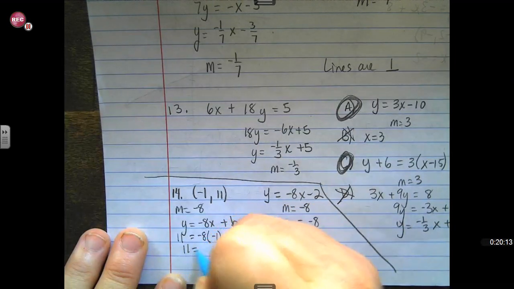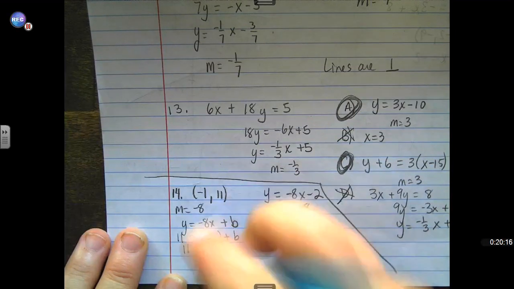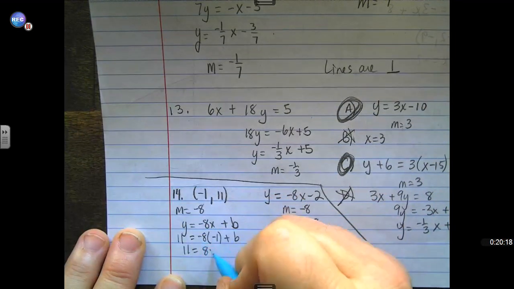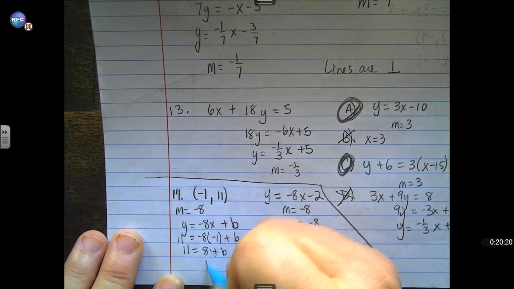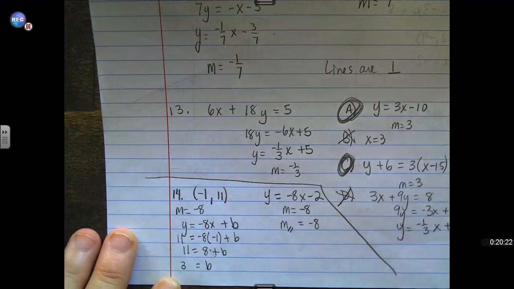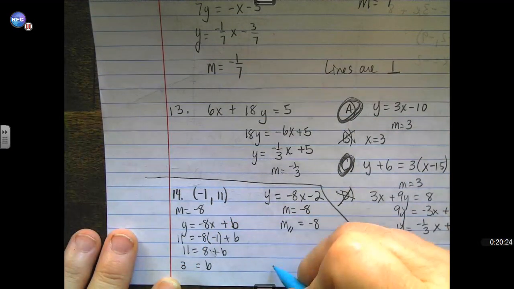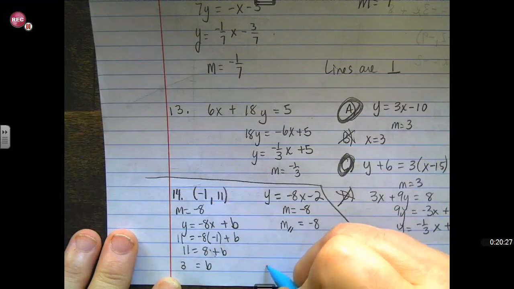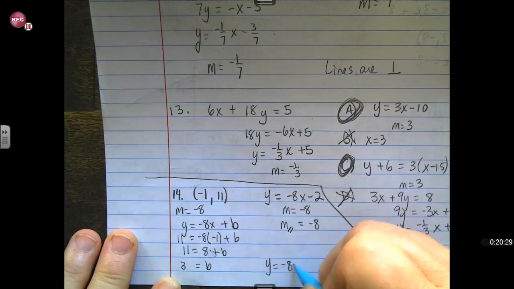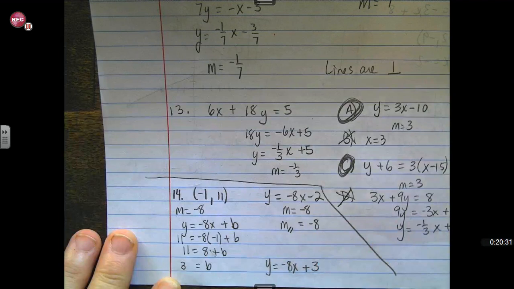That gives me 11 equals 8 plus b. Subtract 8, and I get b is 3. So my answer, y equals negative 8x plus 3. And that is all.